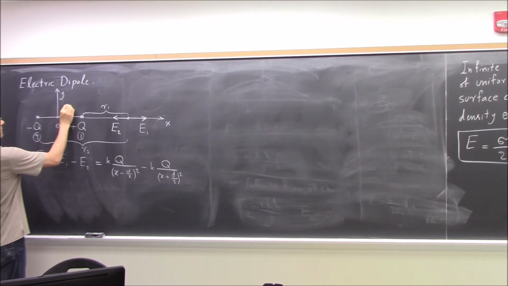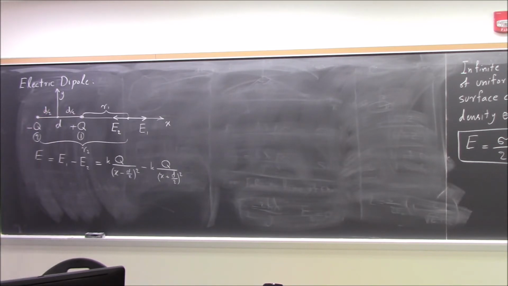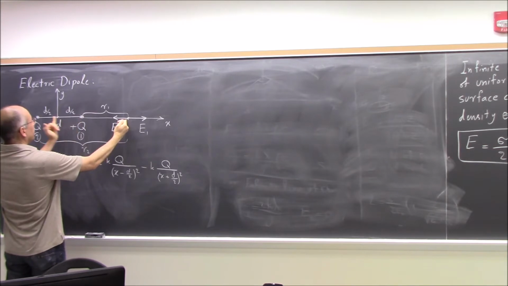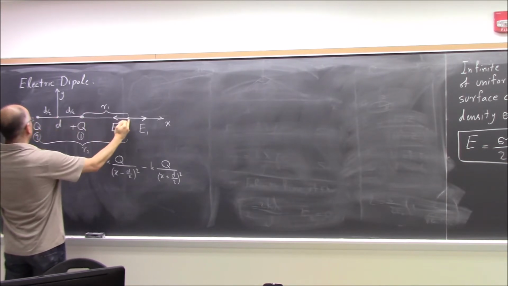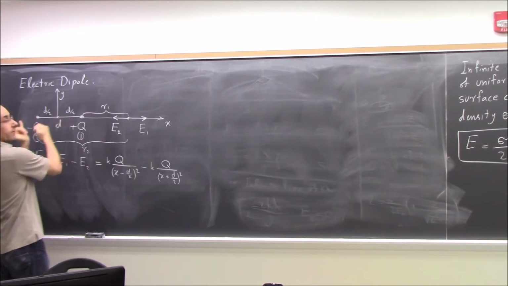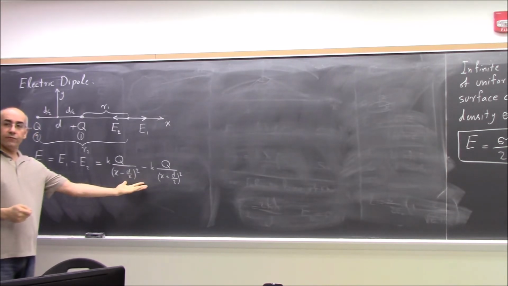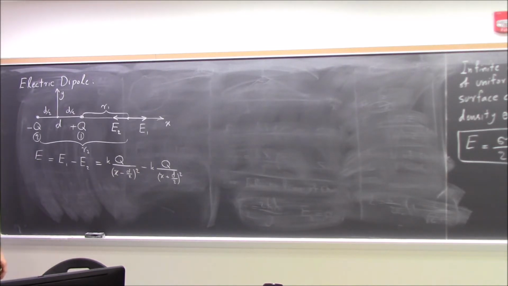This is d over 2, this is d over 2. So this is x. So R1 is x minus d over 2. R2 is x plus d over 2. Right? So the total electric field will be like this. Does that make sense?